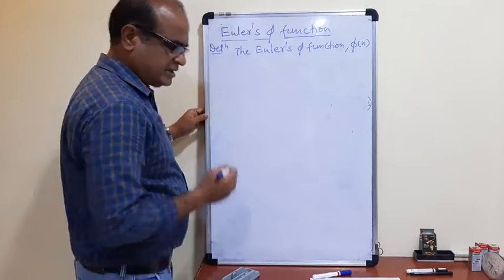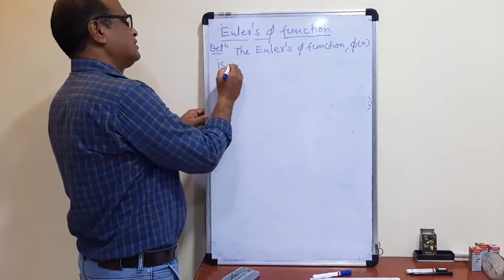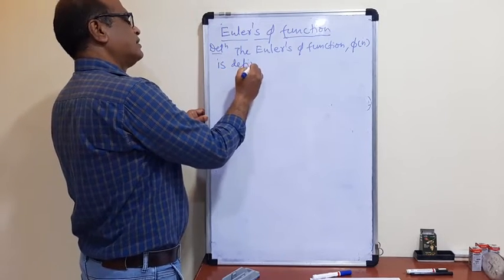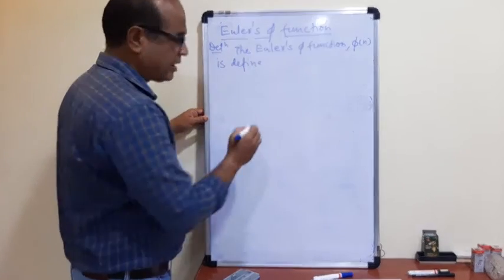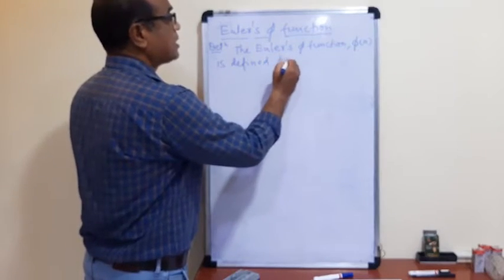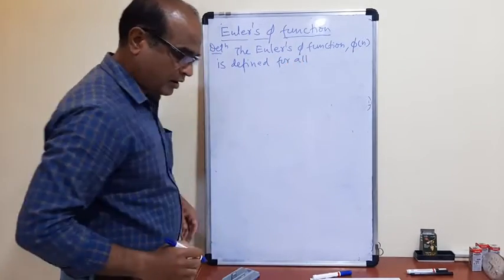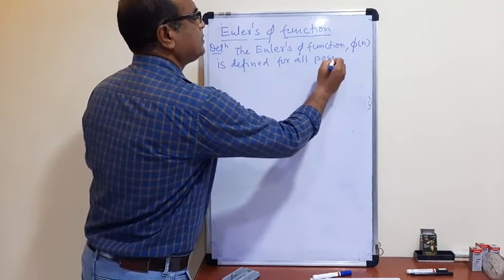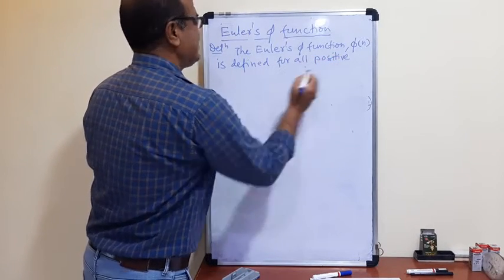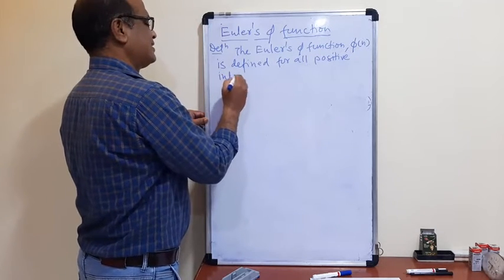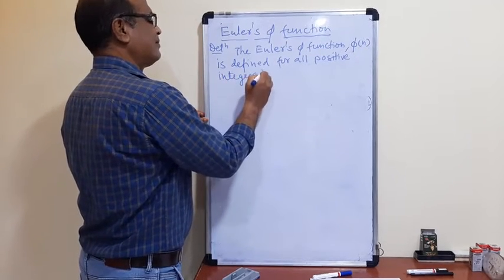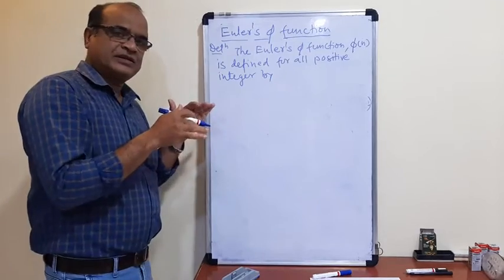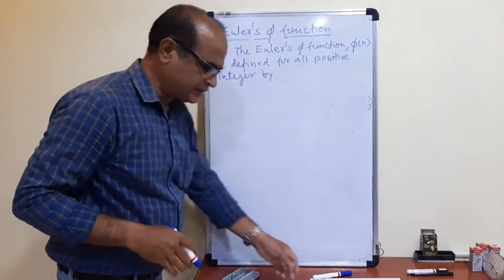Phi n is defined for all positive integers. So we take a definition. What is the Euler phi function here?